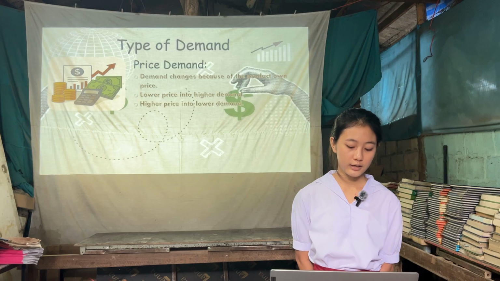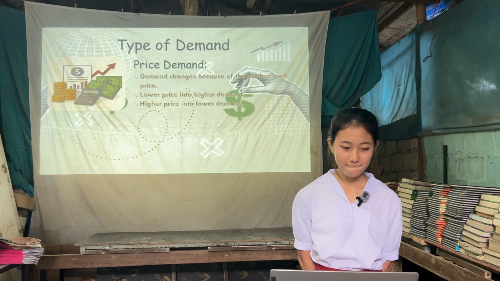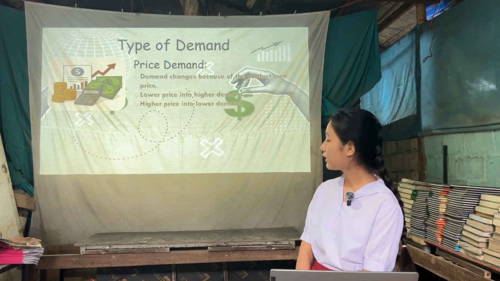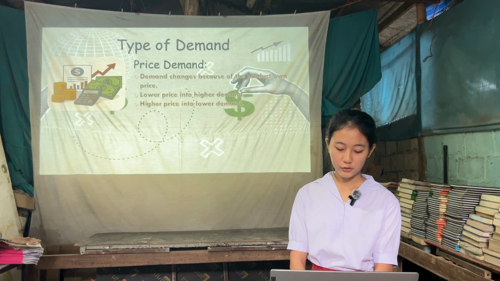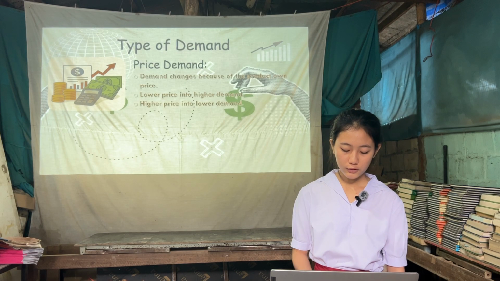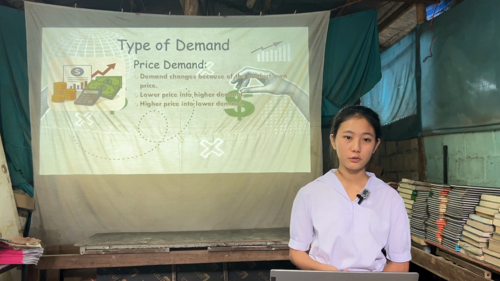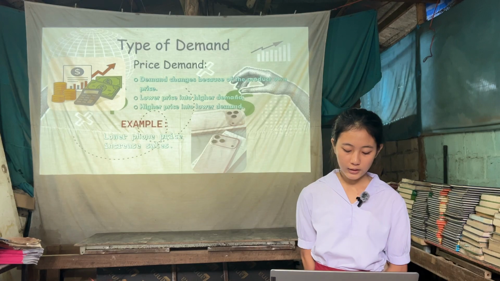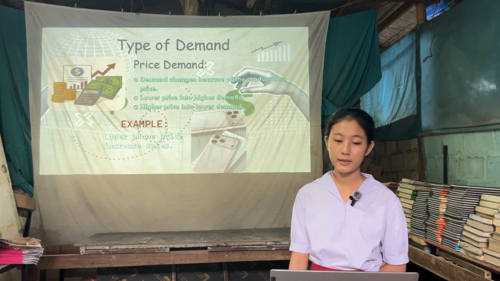People usually buy fewer phones when the price increases. When the price decreases, more people can afford to buy phones. For example, if the price of this phone is reduced, more customers will buy it.